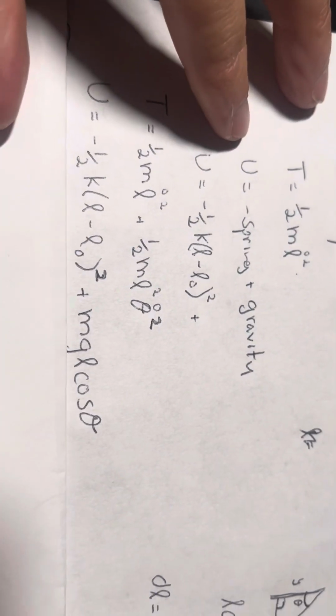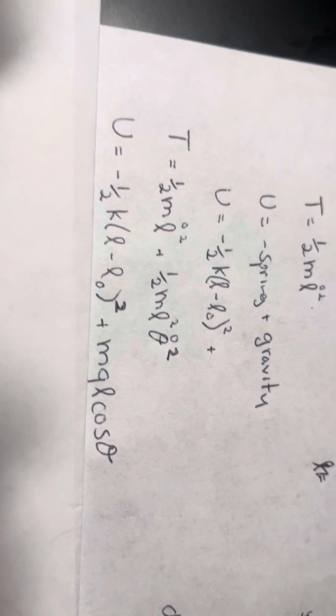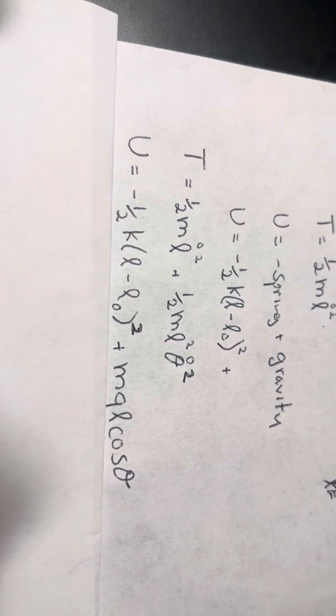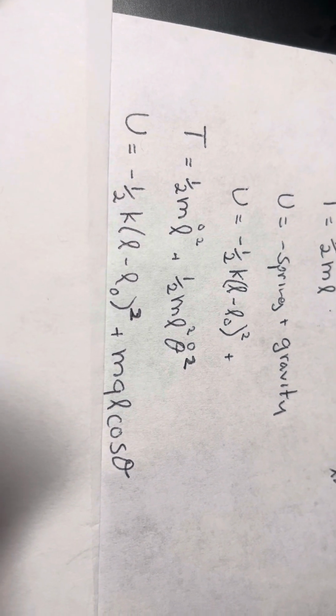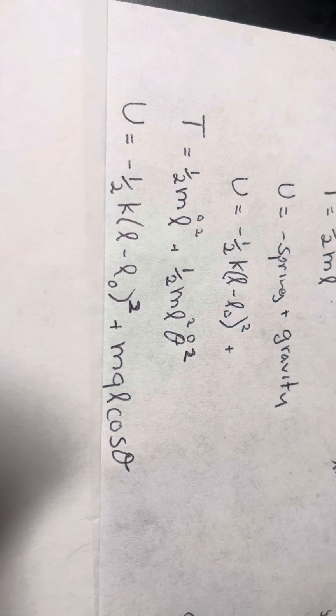And the kinetic energy rewritten in terms of polar coordinates is 1/2 m l dot squared plus 1/2 m l squared theta dot squared. And the potential energy is U equal to negative 1/2 K (L minus L0) squared plus mgl cosine theta.